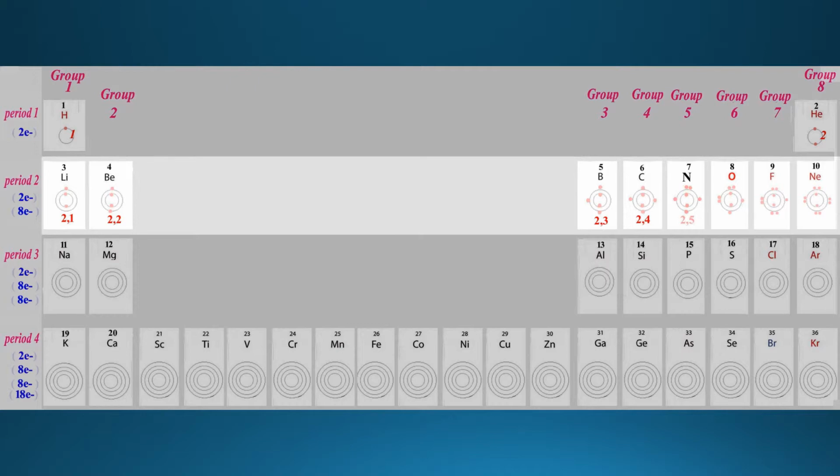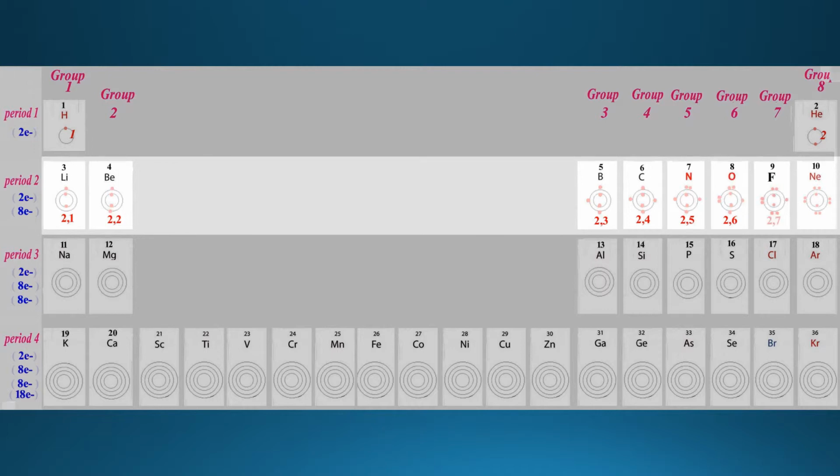Nitrogen, 7. Inner shell 2, remaining 5 on the next shell. And you can see oxygen, 8. So inner shell 2 fully filled, next shell remaining 6.